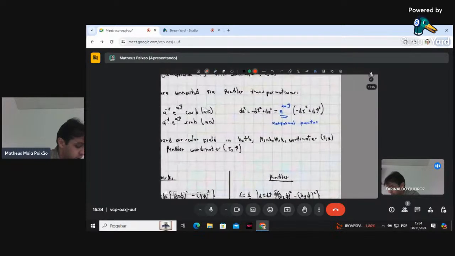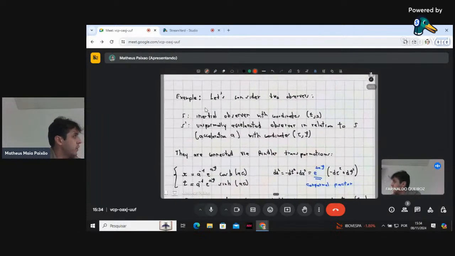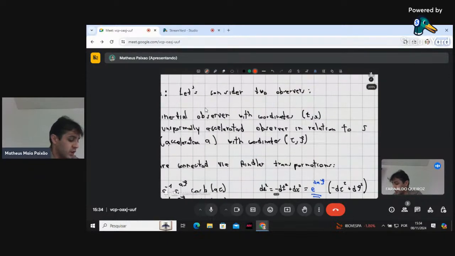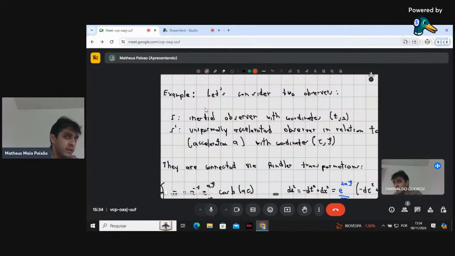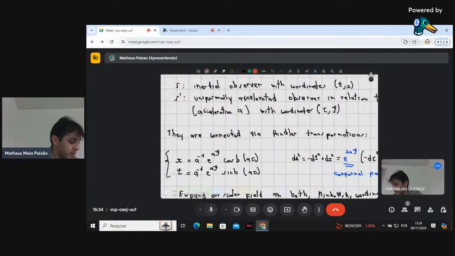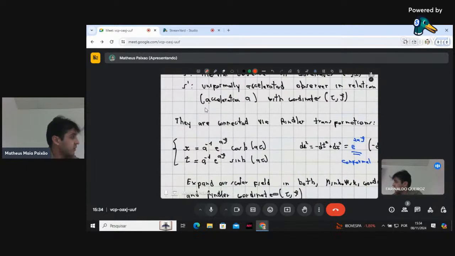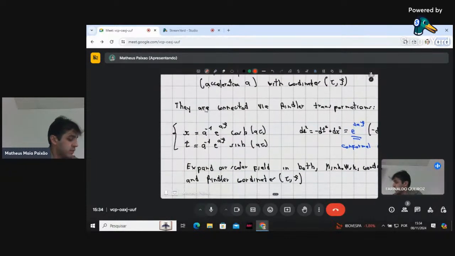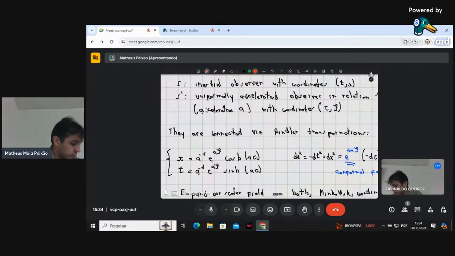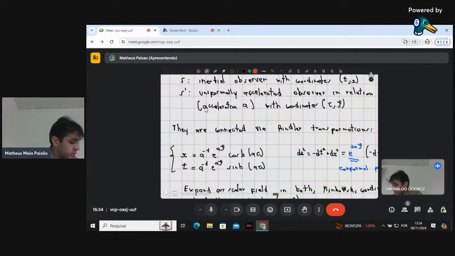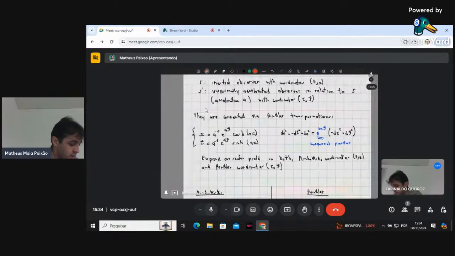Okay, but if instead of connecting two observers by Lorentz transformations, we connect two observers by Rindler transformations, for example, that's basically the transformations that link an inertial observer with a uniformly accelerated observer.